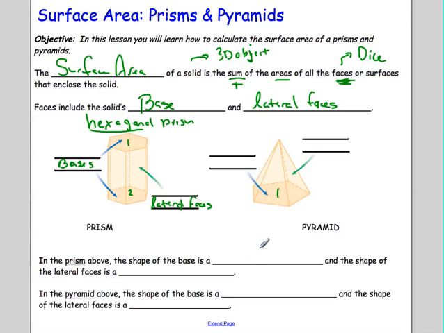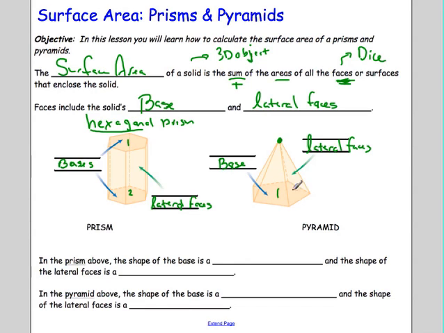There's only one base, and then each of these lateral faces for a pyramid, instead of going up to another pentagon like this, they go up to one singular point. So it starts off as a pentagon, and each of these goes up to one singular point and creates a whole bunch of triangles, and those triangles are called, again, the lateral faces.